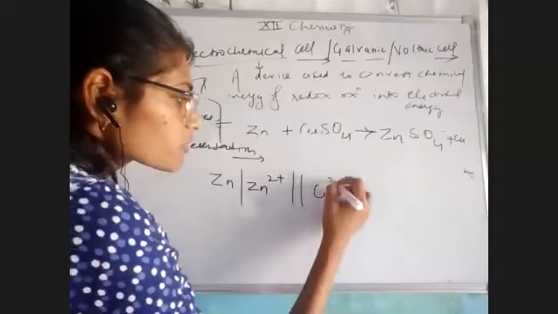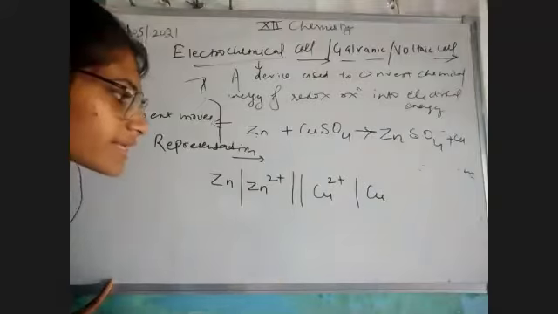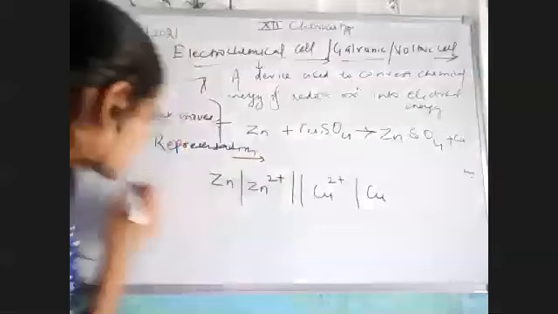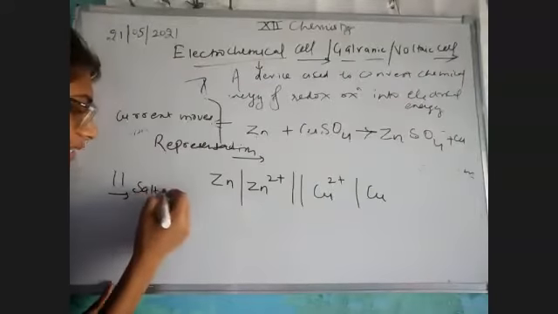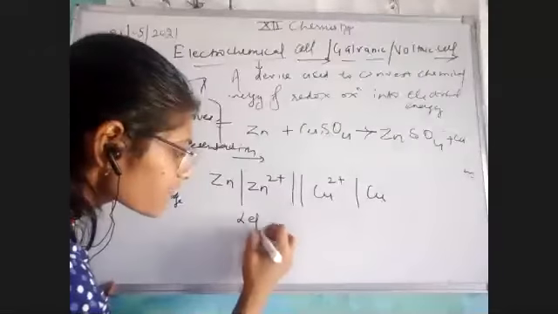Copper 2 positive. This is the representation of the electrochemical cell. The double line is representing the salt bridge. On the left hand side is the anode, and on the right is the cathode, where reduction is taking place.